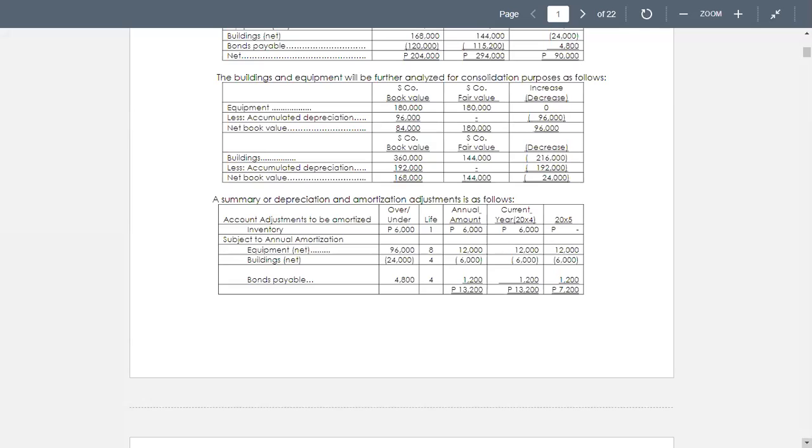So we have now the adjustment for inventory in the amount of 6,000. It's already given above. And then we have the subject to annual amortization.